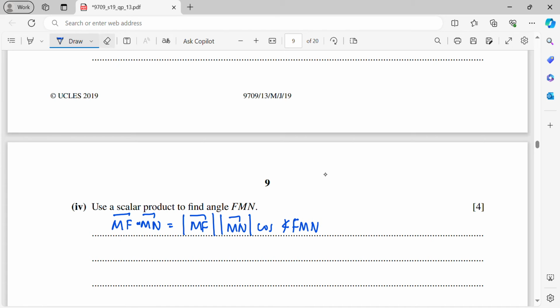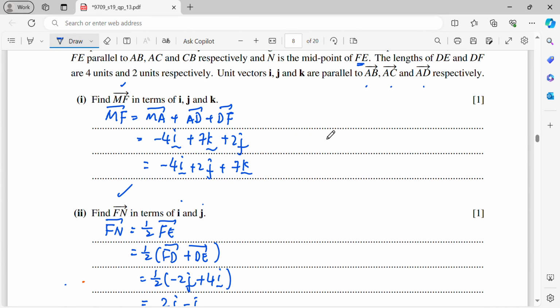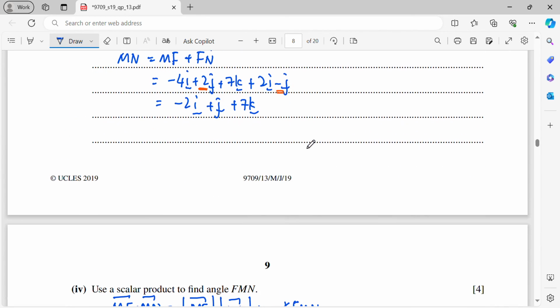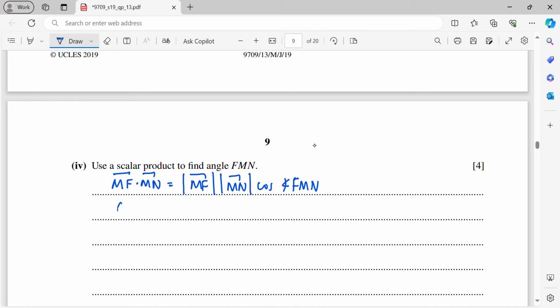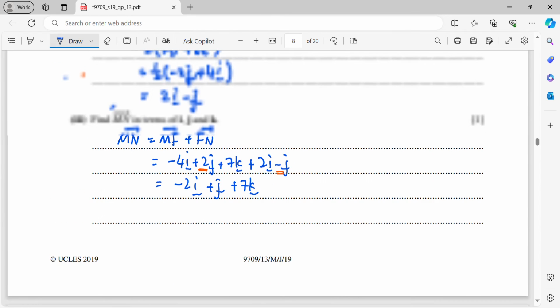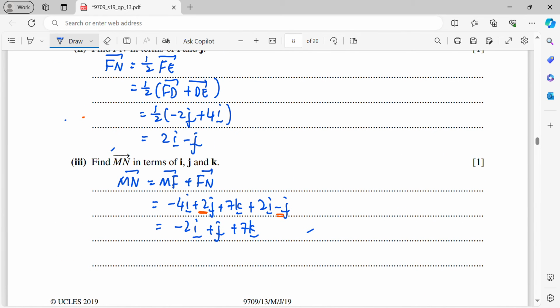So the MF vector already found just now. Okay, let's check. MF is minus 4i plus 2j plus 7k. So I will express in column vector form. So minus 4, 2, 7 dots with MN. This is minus 2i plus 1j plus 7k.